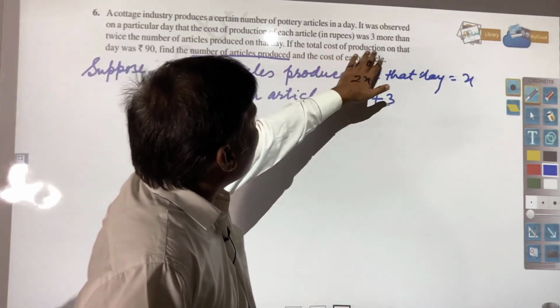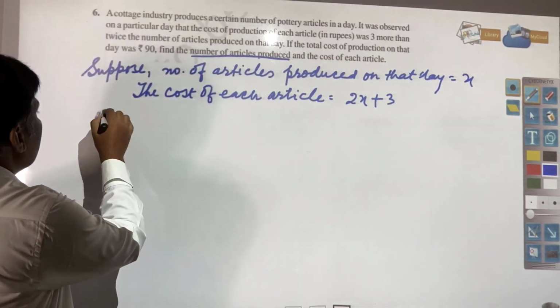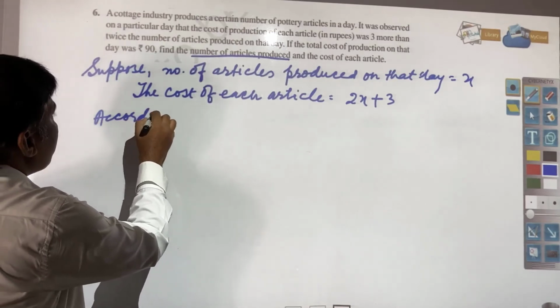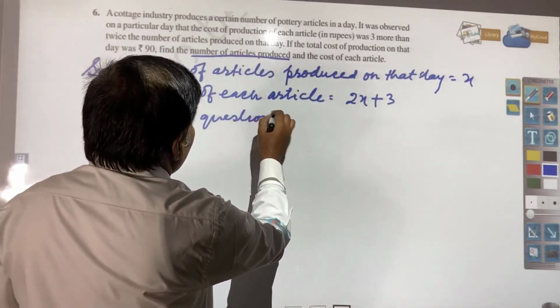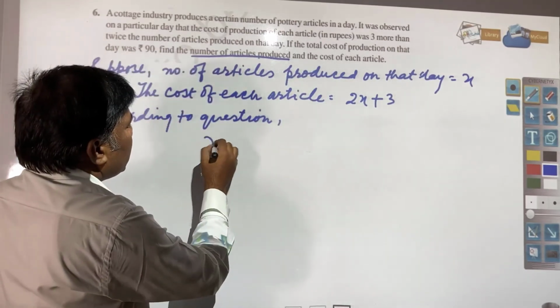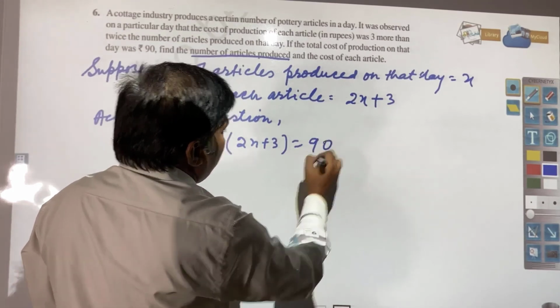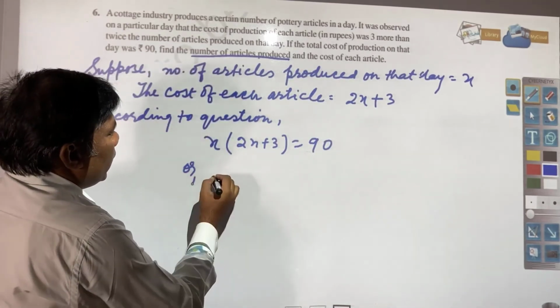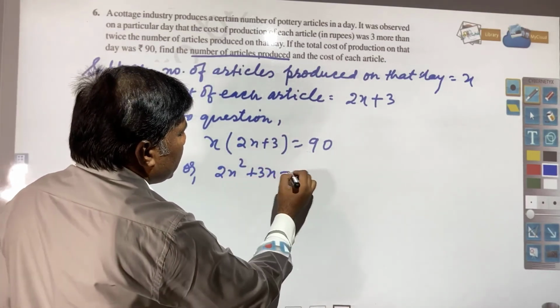So if the total cost of production on that day was 90 rupees, you will write x into 2x plus 3 is equal to 90.